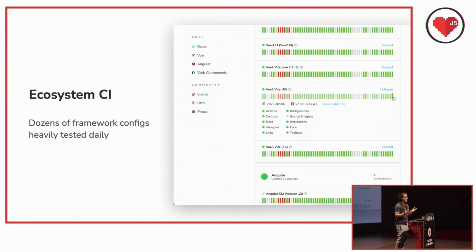We also have this status page that provides a visual way to see all of the Storybook versions that have been tested and all of the features which are either working or not. Because of this, we actually detected some issues with Angular 15 and some issues with Vue 3 and a weird issue with a Webpack dependency. But we were able to fix them within 24 hours just because of this experience.